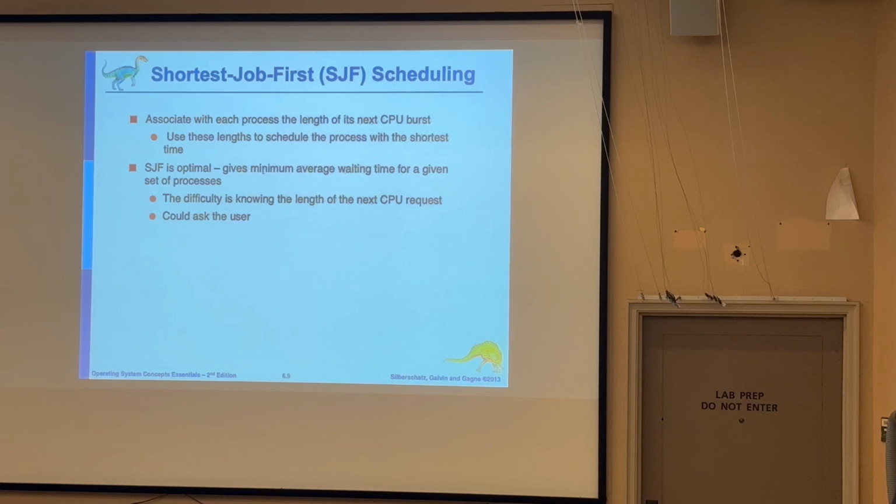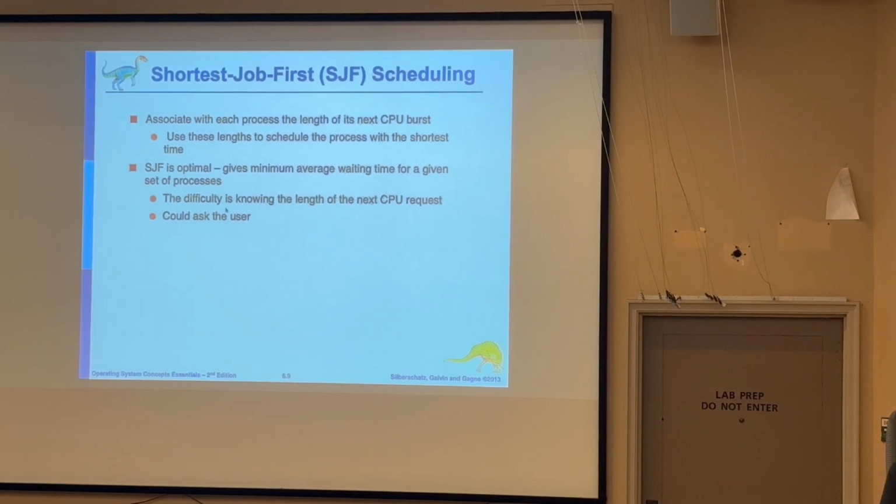This is very intuitive, but the difficulty is, how do you predict the CPU burst for each process? It's hard to predict. In theory, predicting the future of a program's execution is undecidable. It's equivalent to the halting problem. So in theory, you cannot predict it accurately.